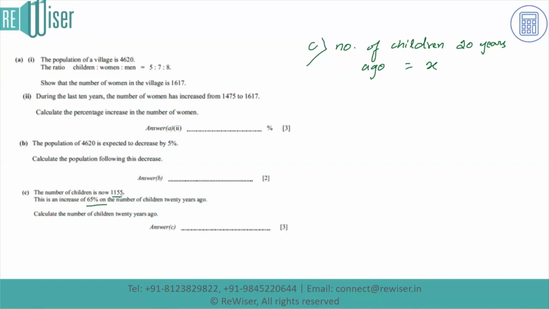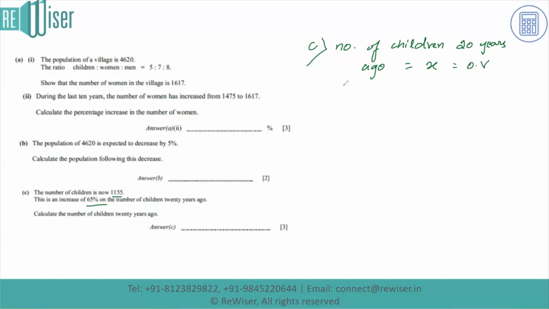So basically you can remember this rule: never ever find the percentage on a new value. Which means whenever a question is given, you need to figure out what is the new value and what is the original value. And we should never ever calculate the percentage on the new value. Here, this X will act as the original value.